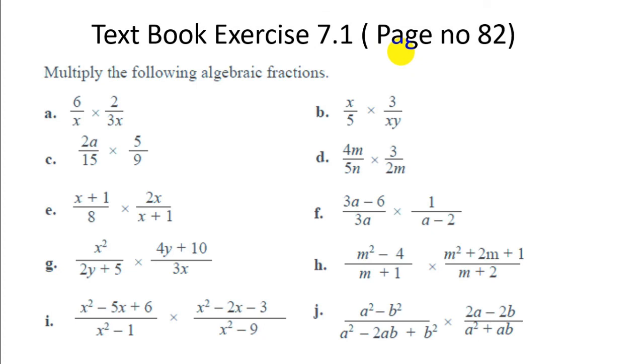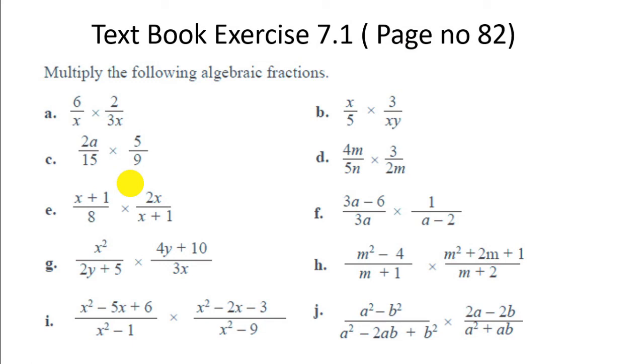If I directly take some questions from your textbook, it is easy for you to practice as well. There are 10 questions given in your exercise 7.1, which is on page number 82. I'm not going to discuss all 10 questions in this video session, but I have picked a few questions from the basics to the advanced.